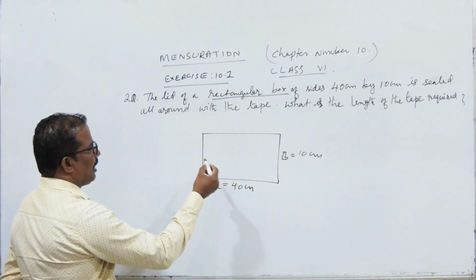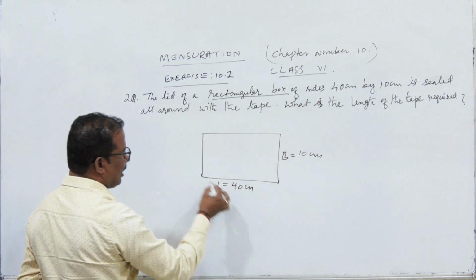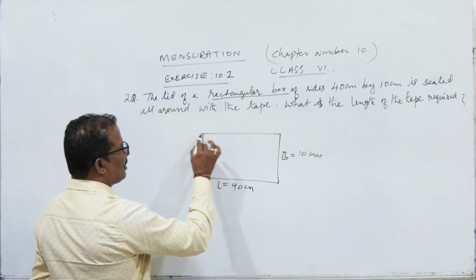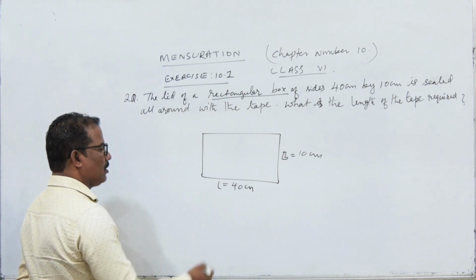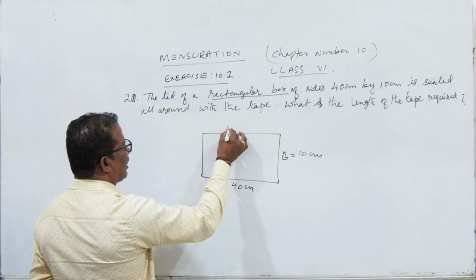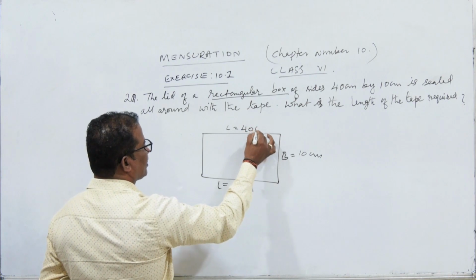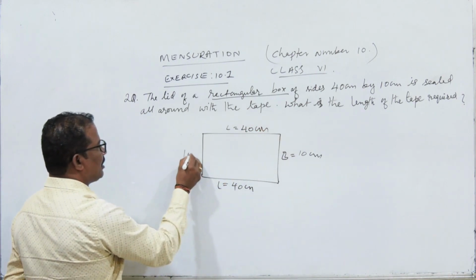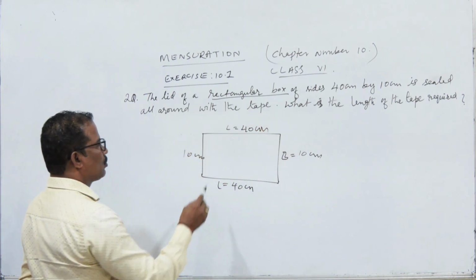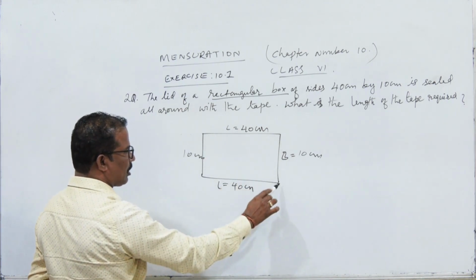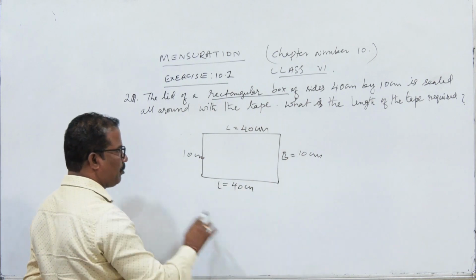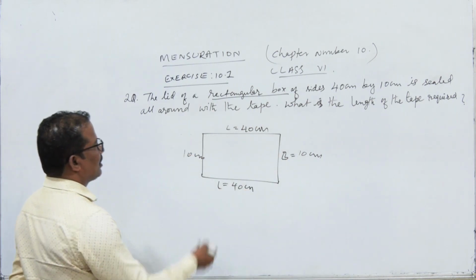So for that we have to find the total length of this boundary. That will be the length of the tape required to seal this lid. Understand? So here 40 means this length also equal to how much? 40 centimeter. The breadth is 10 means this side is also equal to 10 centimeter. So total tape will be applied in this length also, here also, here also, here also. That means the total perimeter of this rectangle.